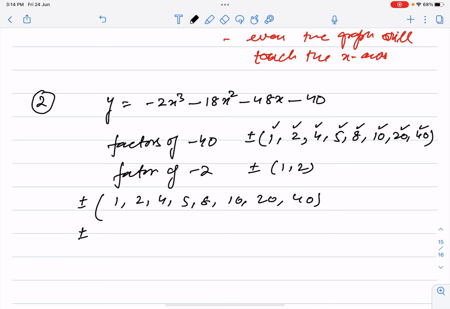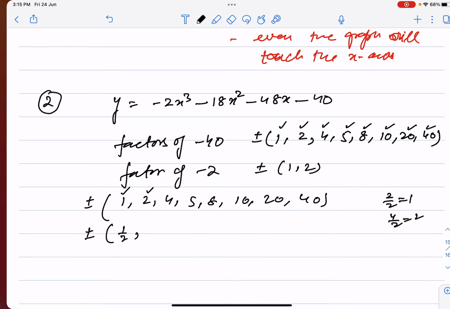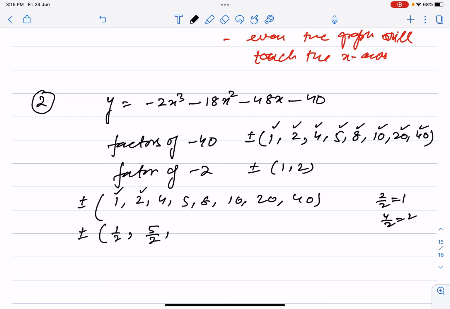If I divide by 2, it will be half. 1 we have already written. 2 divided by 2 is 1, so I am not writing that. 4 divided by 2 is 2, already there. 5 divided by 2, yes, that is not there. 8 divided by 2 is 4, that is there. 10 divided by 2 is 5, also there. 20 divided by 2 is 10, also there.